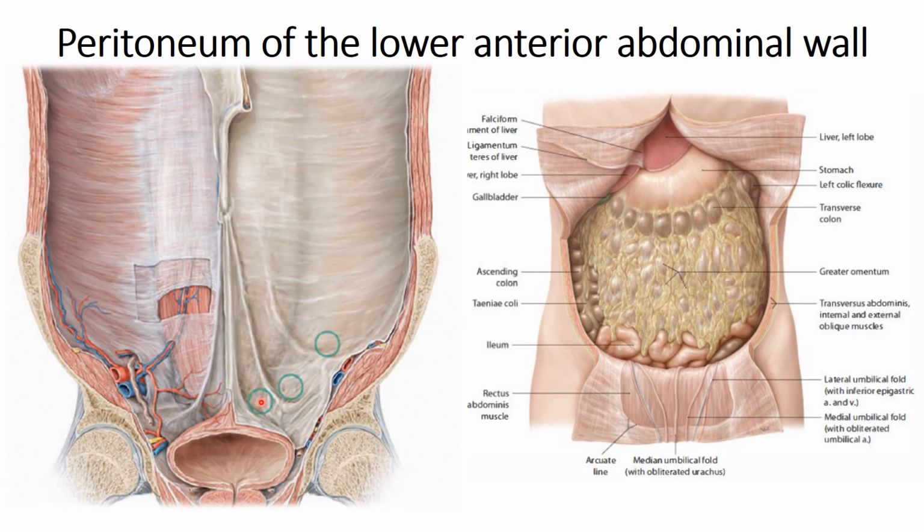Between the median and the medial umbilical fold on both sides is the supravesical fossa. Now between the medial umbilical fold and lateral umbilical fold is this medial inguinal fossa, which overlies the femoral ring, and just lateral to the lateral umbilical fold is this lateral inguinal fossa, which overlies the deep inguinal ring.